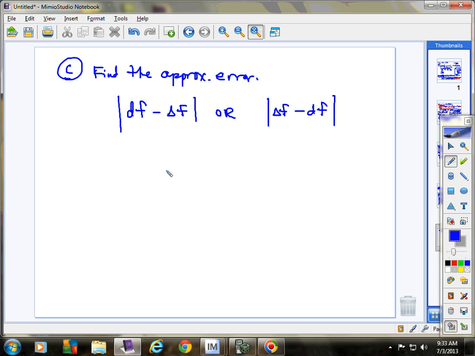Either way, you've got to put them in absolute value bars because you really don't care which one's larger. You just want to know how far apart they are. Now, what do these f's also mean? dy, right? So dy minus delta y. All right, let's just do the first one. dy, what was dy? 0. Minus, what was delta y's answer?